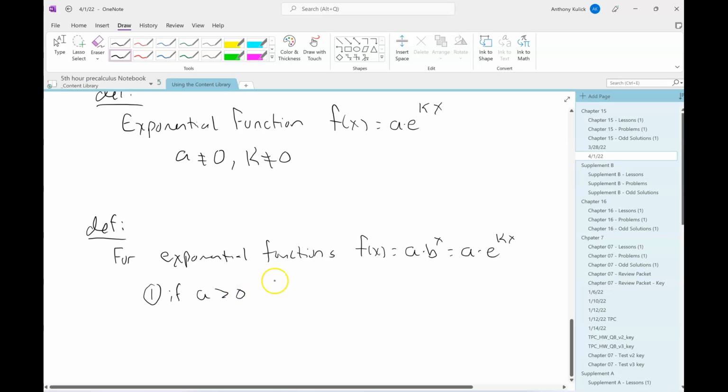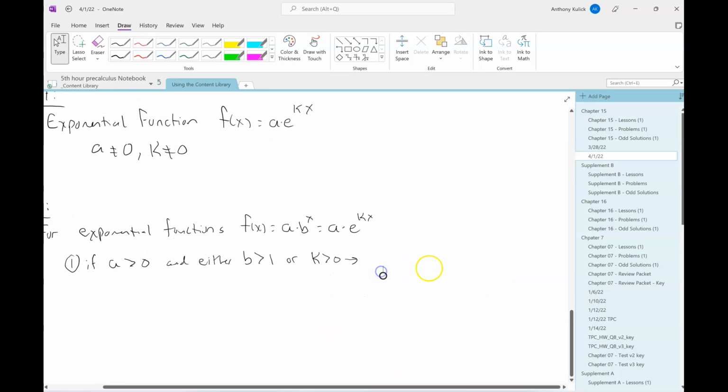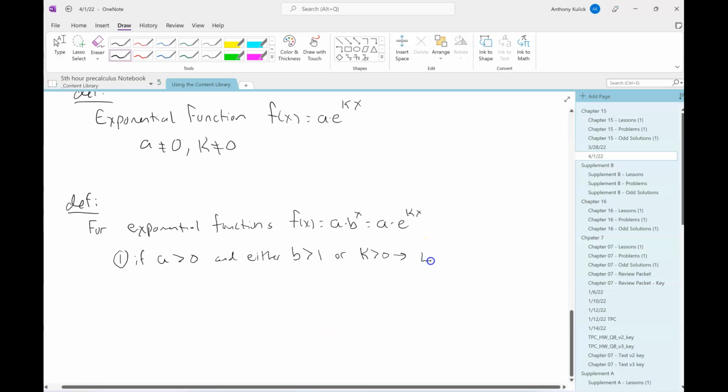So if a is positive, and if the b value is greater than 1, or the k value is greater than 0, we call this one exponential growth.